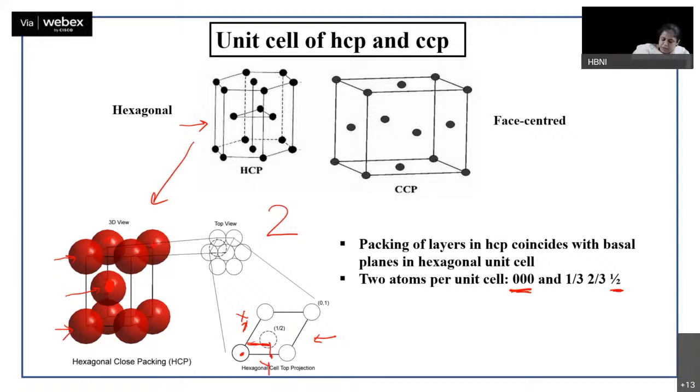But if I want to match it with this, on the x-axis, the coordinate is 1 by 3. And on this axis, the coordinate is 2 by 3. And the c-axis that we have already agreed upon is half. So your hexagonal unit cell has got two lattice points. From now on, you will remember hexagonal unit cell has got two lattice points. The coordinates are given by 0, 0, 0 and 1 by 3, 2 by 3, half.